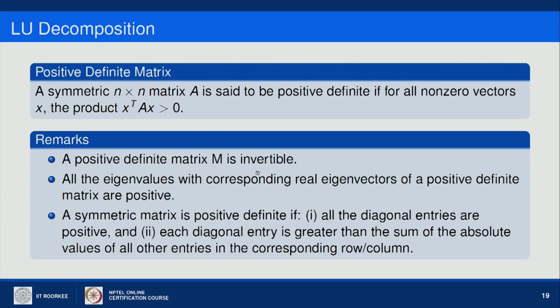It will always be invertible, meaning the determinant will be positive or non-zero. All the eigenvalues with corresponding real eigenvectors of a positive definite matrix will be positive. A symmetric matrix is positive definite if all the diagonal entries are positive and each diagonal entry is greater than the sum of the absolute values of all other entries in the corresponding row and column.